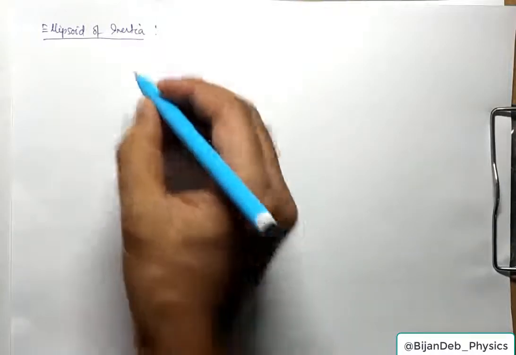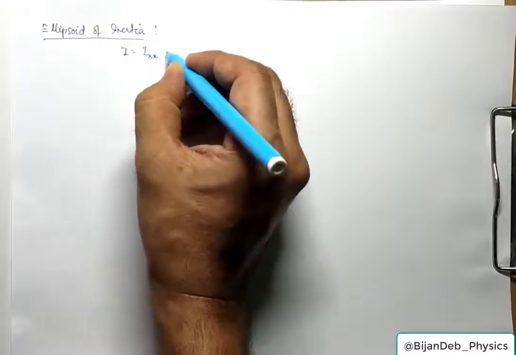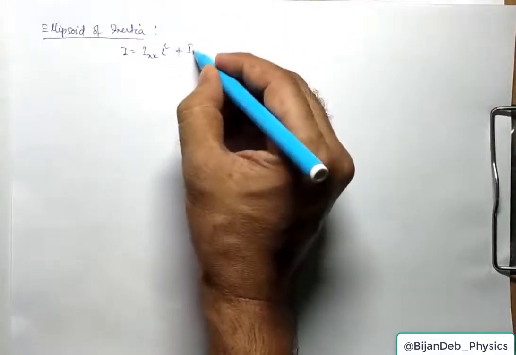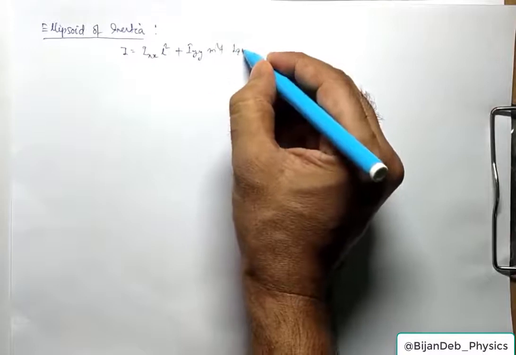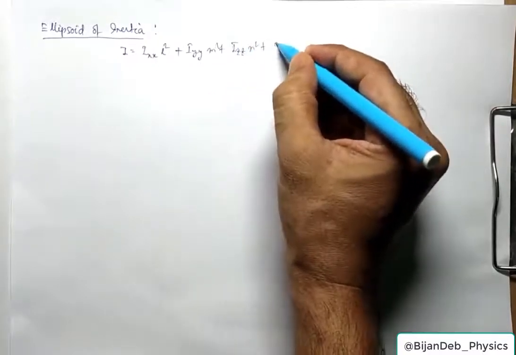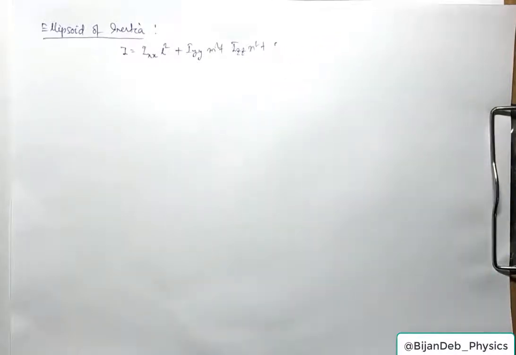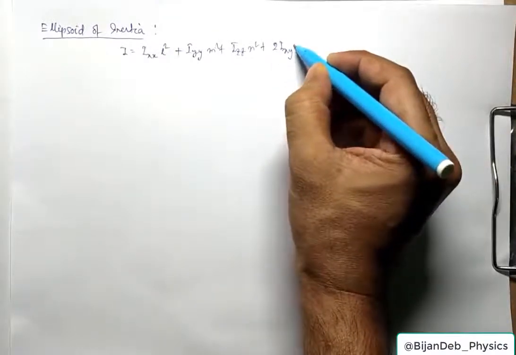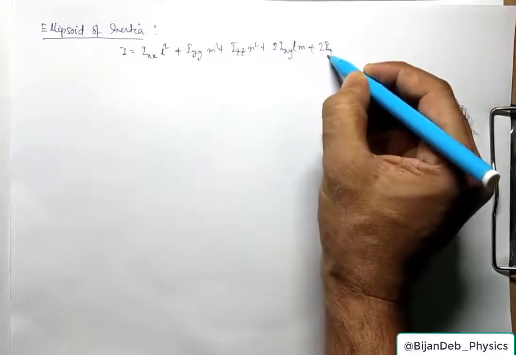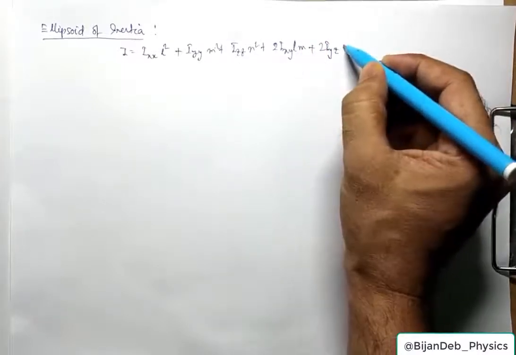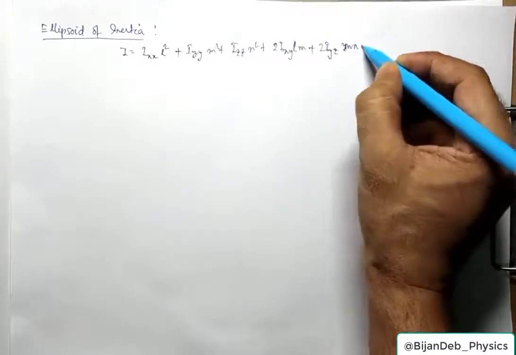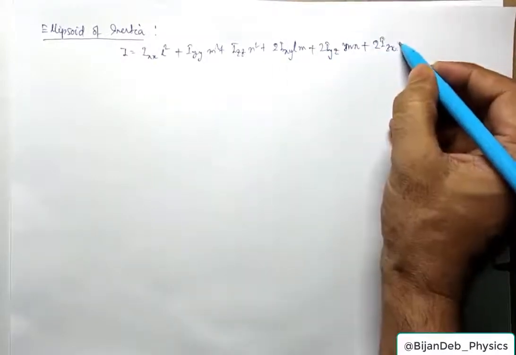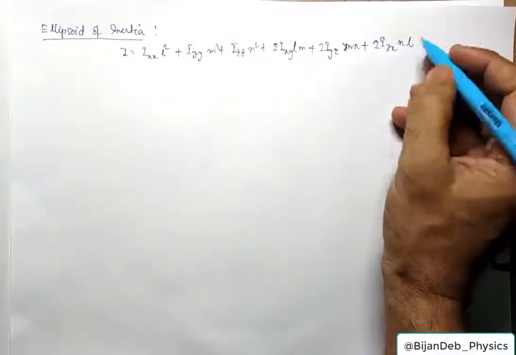Now we have the moment of inertia relation: Ixx l square, or cos alpha square, you should remember, plus Iyy m square plus Izz n square plus 2 times the product terms: Ixy, it will be l and m for the x and y directions, plus similarly Iyz is m n, plus Izx, sequentially xy, yz, zx, and here for z it means n l. Okay, this is the relation.